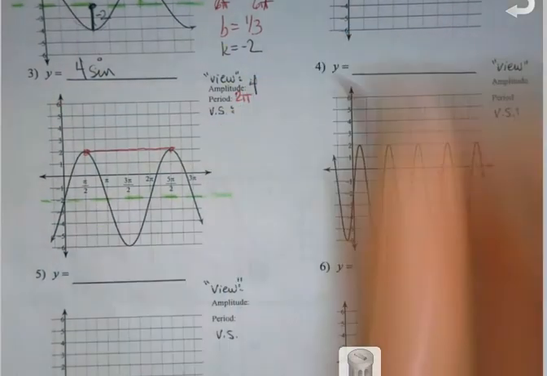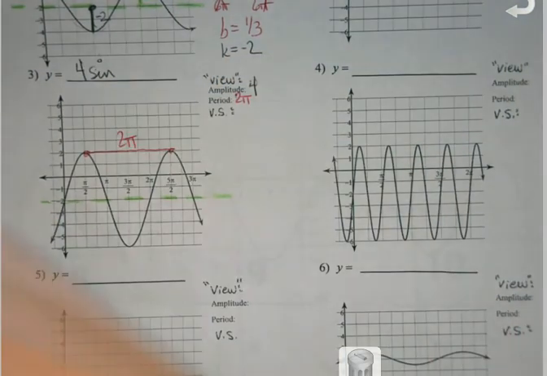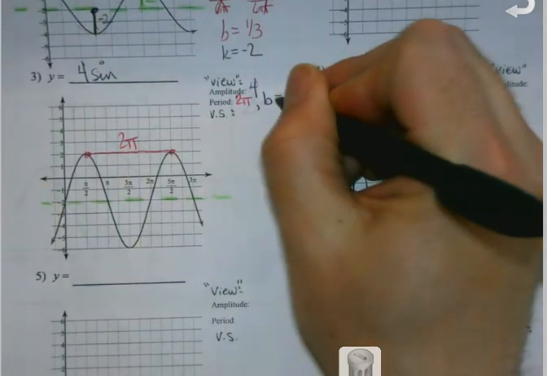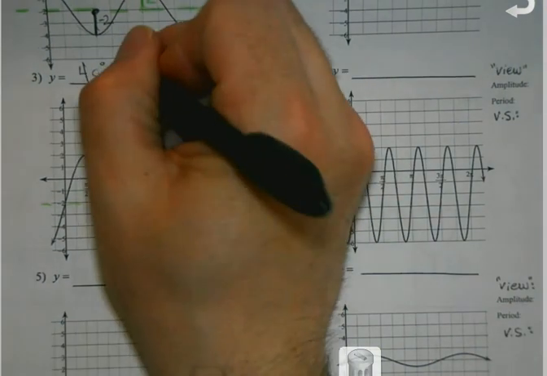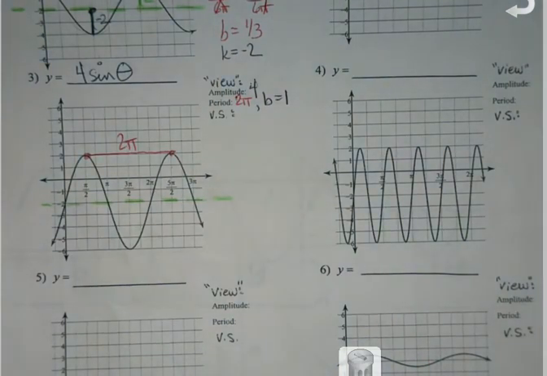Two pi. You're like, but wait a minute, that's what my normal period is. My normal period's 2 pi. Right, so if my normal period's 2 pi, my b value has to be 1. So in other words, I'm not going to be putting anything in front of my theta. You could put a 1, but you don't have to.